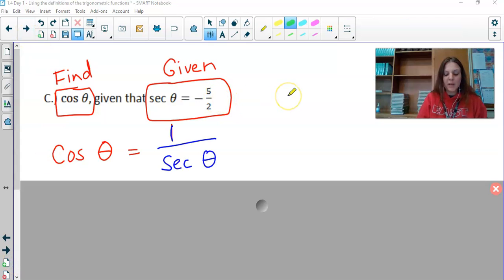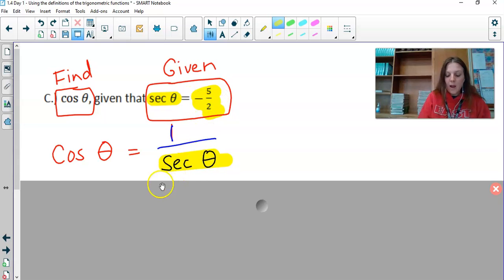So let's see what we can replace here. We know that the secant of theta is equal to, in this example, -5 over 2. So I can find secant theta, that's what this value is, cross it out and replace it with its numerical equivalent for this question.